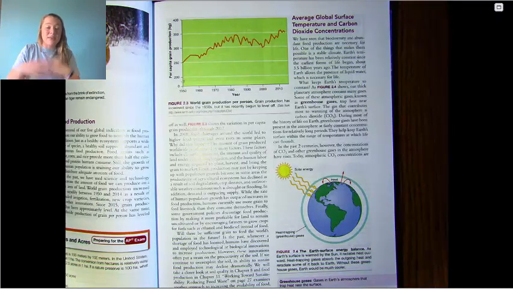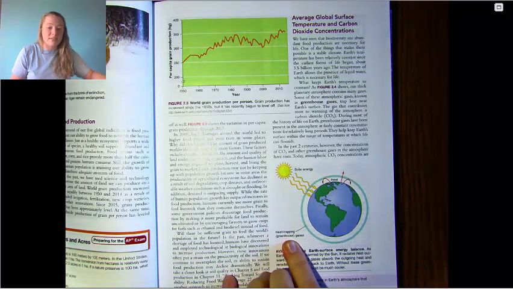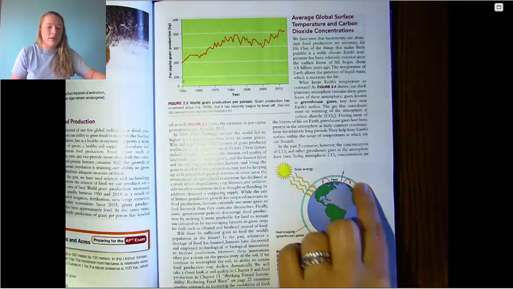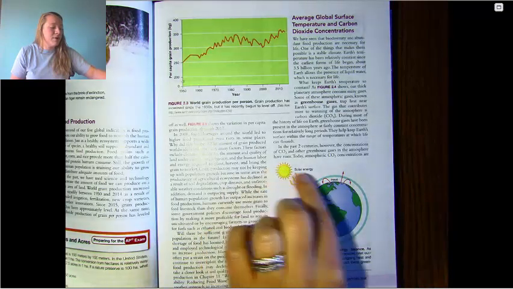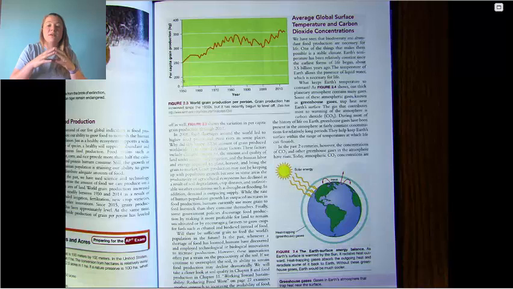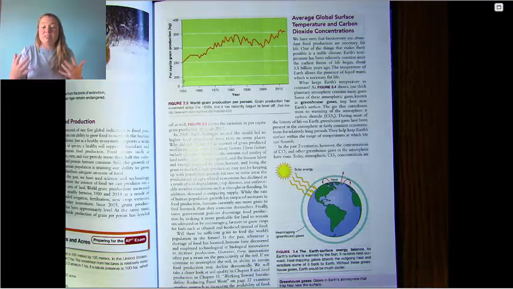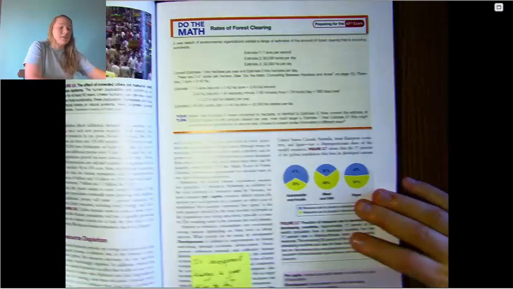What we're seeing with this as an environmental indicator is that as we increase the amount of greenhouse gases, that light blue layer, the amount of heat that's getting trapped underneath that greenhouse layer is increasing. So our global surface temperature is increasing, and that's clearly as a result of carbon dioxide concentrations.